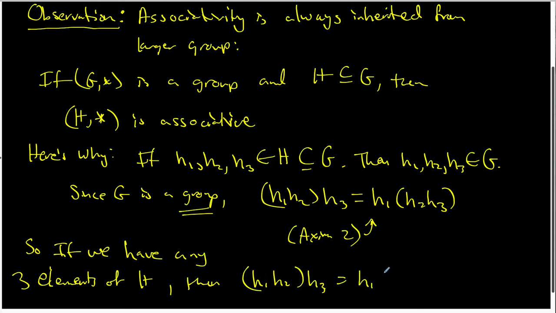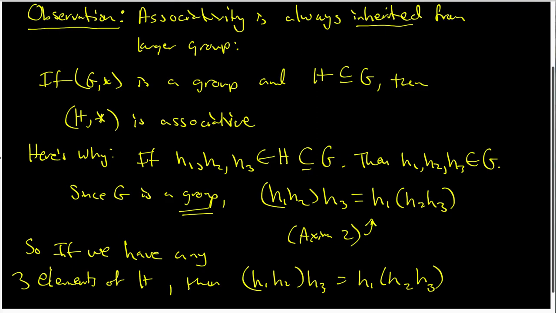So when we're trying to show a particular subset is or is not a group, associativity is never going to be an issue. It will always be inherited. That's the language that we use to describe this: inherited means that it's that simple.